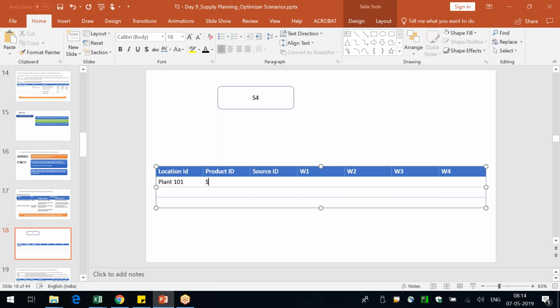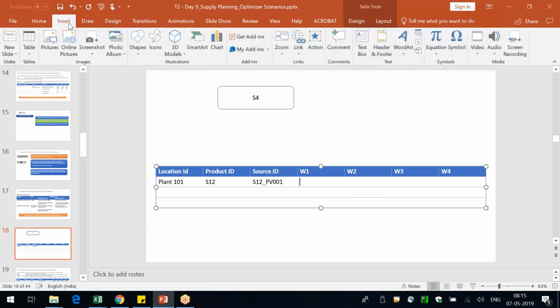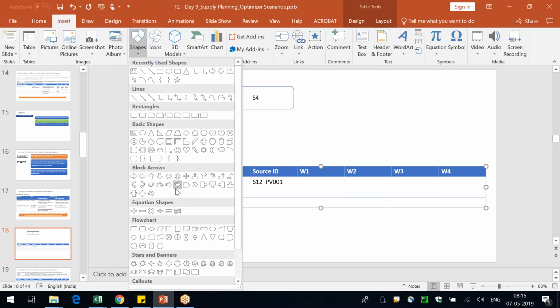Inside plant 101 for the product S12, for the production version 001, you said that week 0 has to do 100, week 1 has to do 100, week 3 has to do 100. You sent them through an integration to the S4 system.